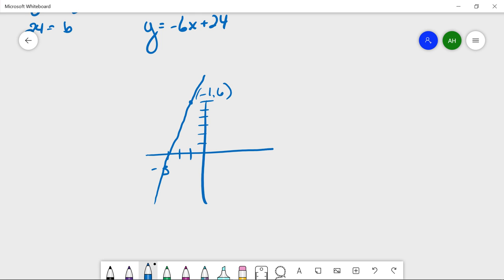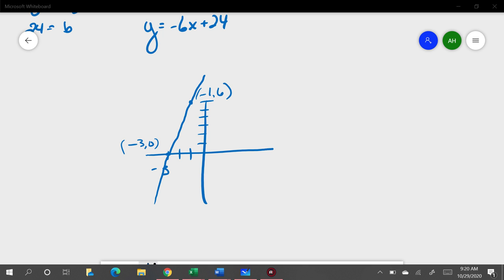Those intersect right there. So I'm able to get two different points. Down here, I have -3, 0, and up there, I have the -1 and the 6. So I'm going to rise up 6, and I'm going to run over 2.